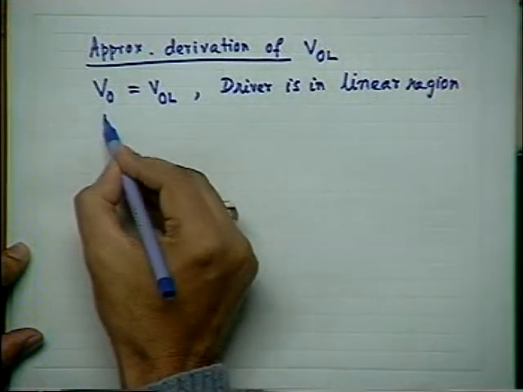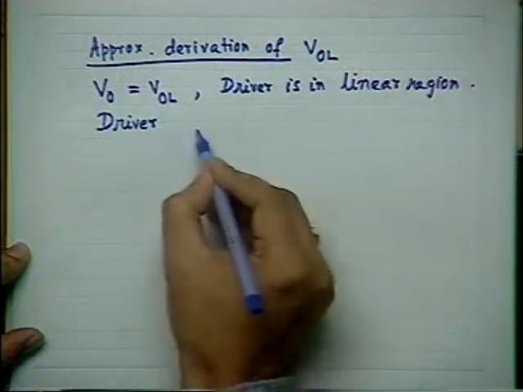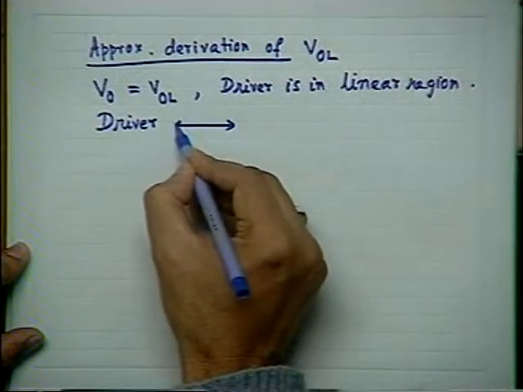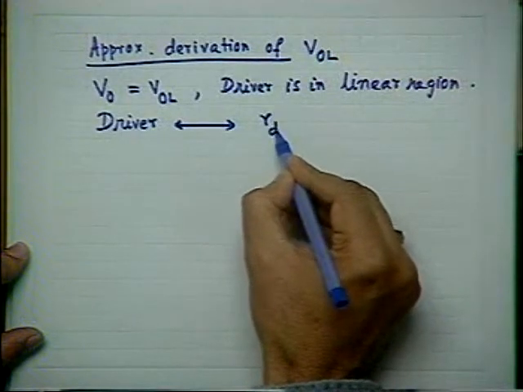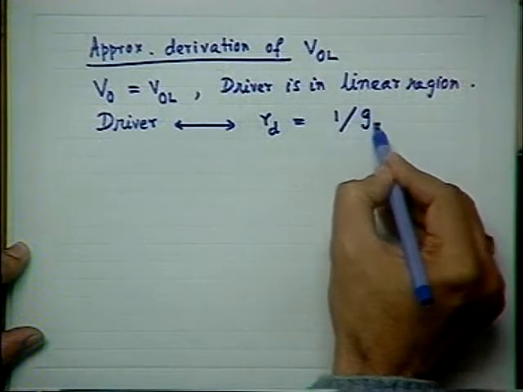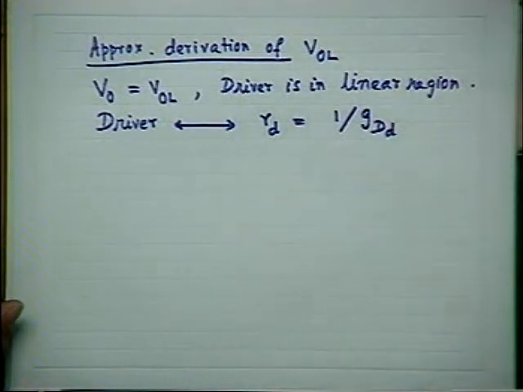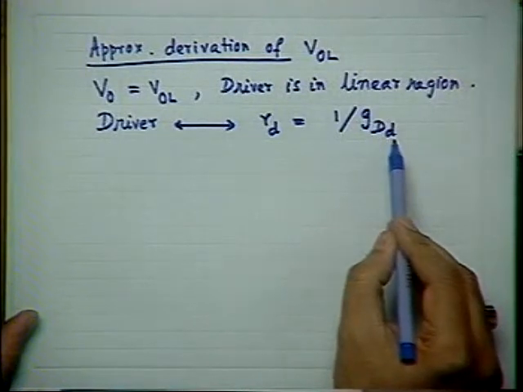and the driver can be represented by a resistance, which I can write as RD equal to 1 upon GDD, where GDD is the drain conductance of the driver transistor.